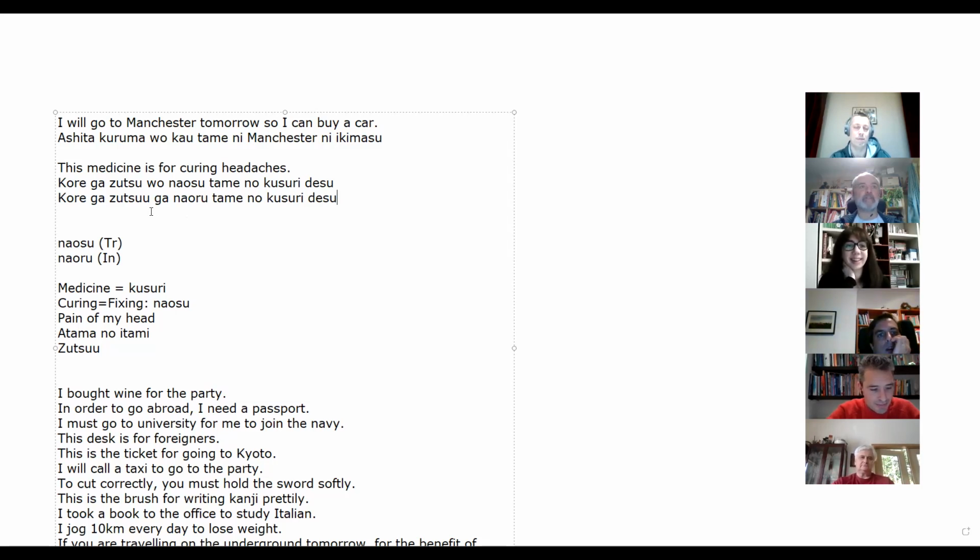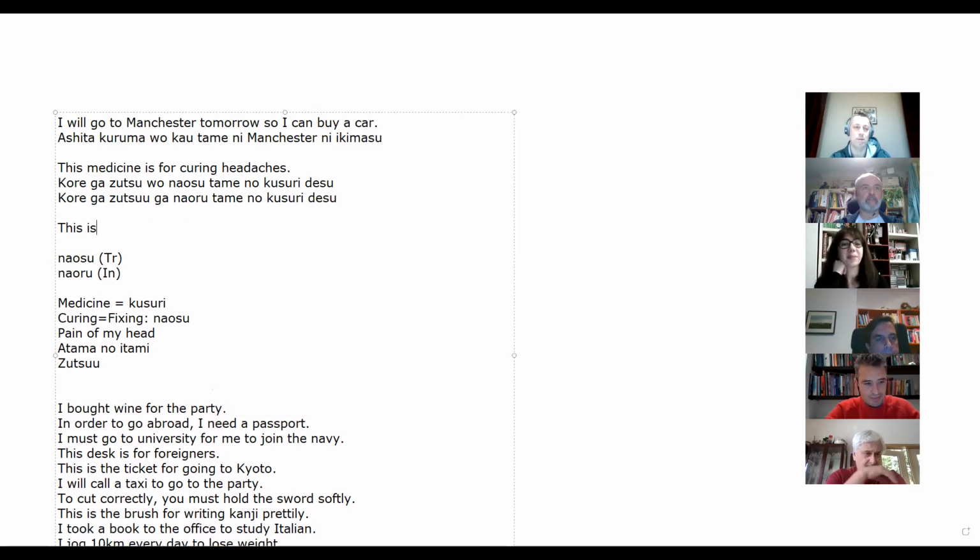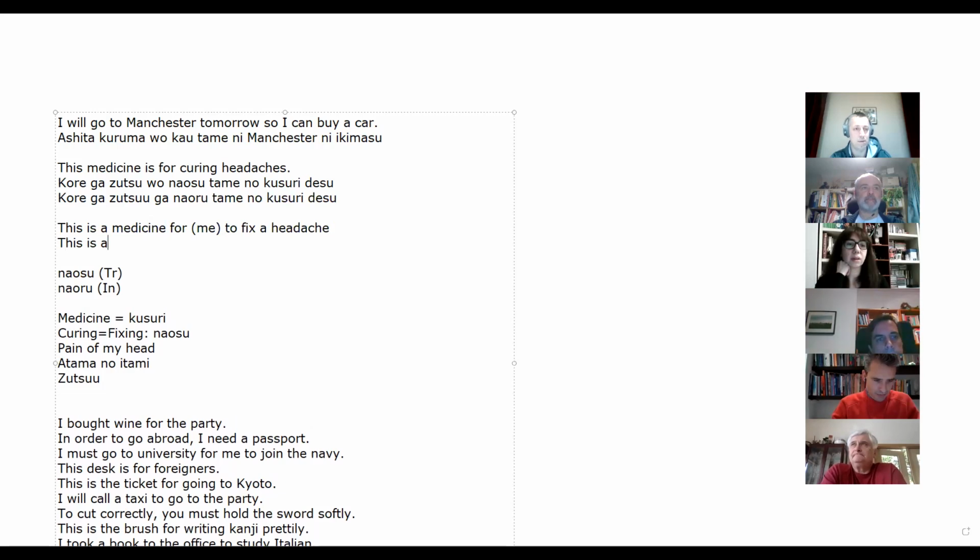Instead of saying this is a medicine for me to fix a headache, it's now saying this is a medicine for headaches to get better.